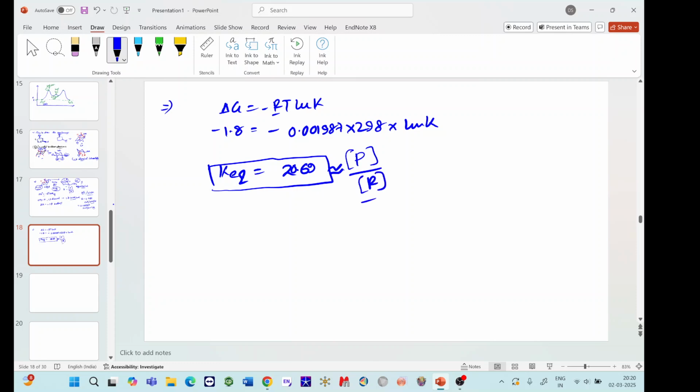So you can consider it as almost 20 to 1.